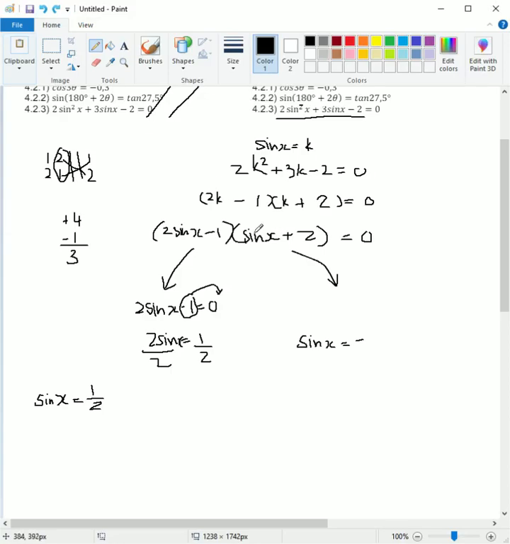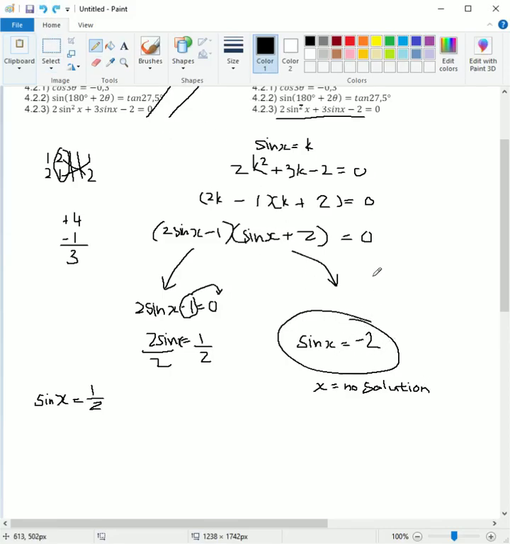Let's discuss this one first and then we'll go to the other solutions. This we discard immediately. So here x has no solution. Why do we say that? There are no values of x that can produce a 2 or a minus 2.